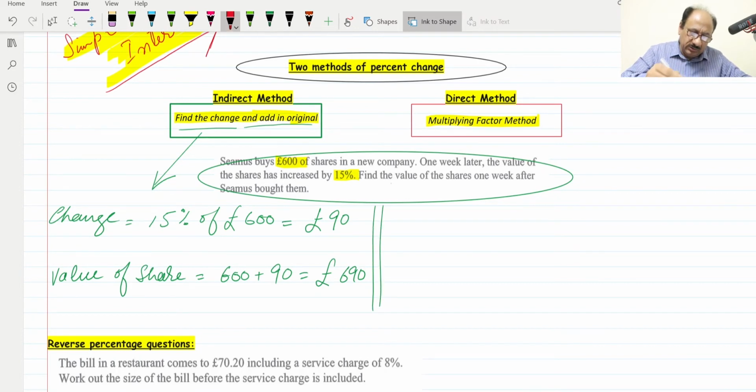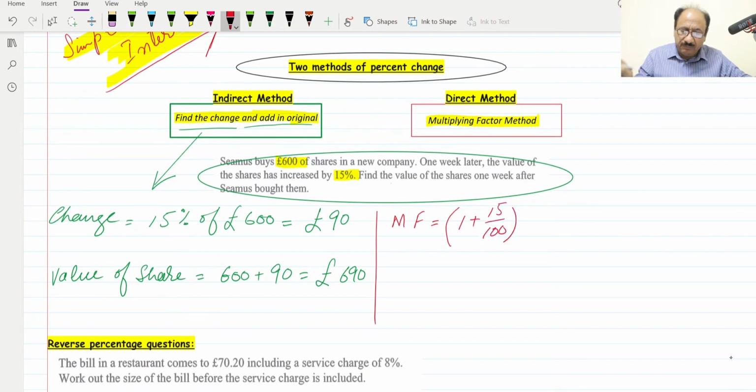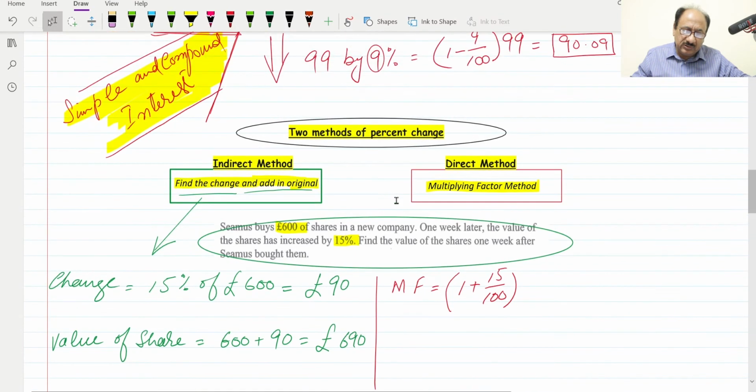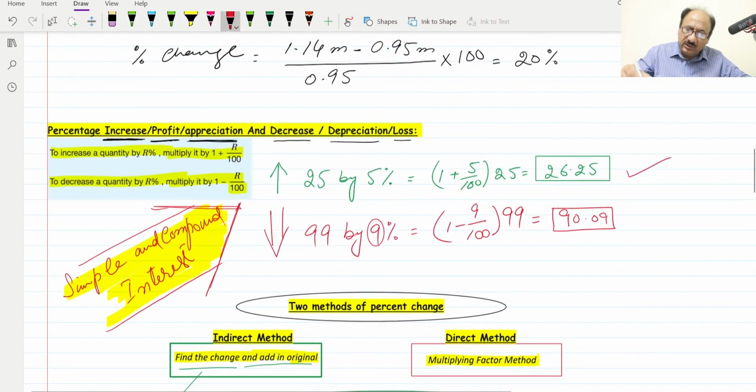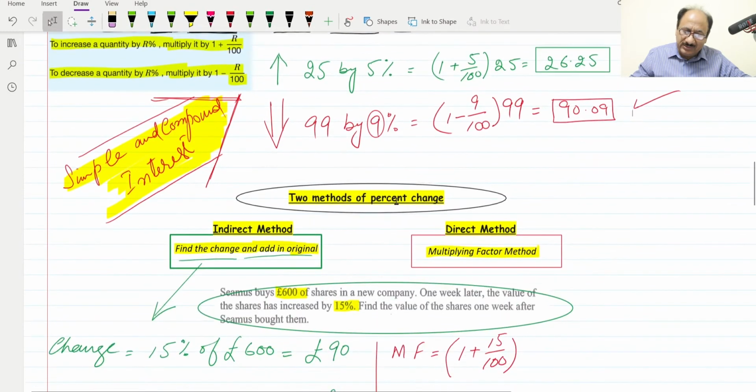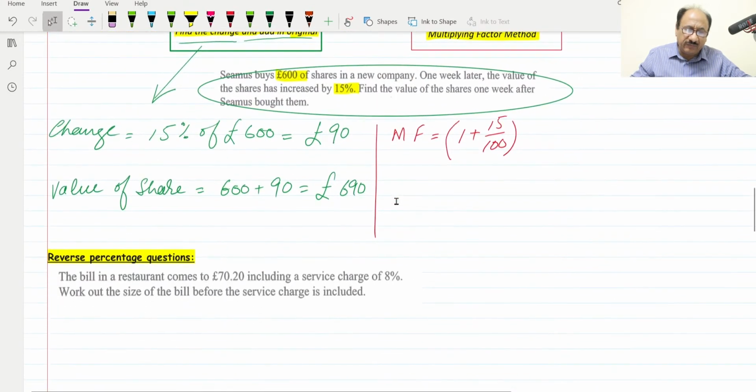Now we can solve the same question by the other method, the multiplying factor method. So what is the multiplying factor in this case? I'll switch off the link so that the shape will not change. The multiplying factor will be 1 plus 15 over 100 in case of increase.